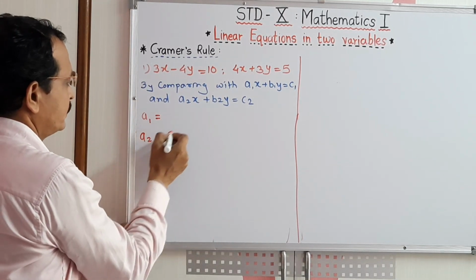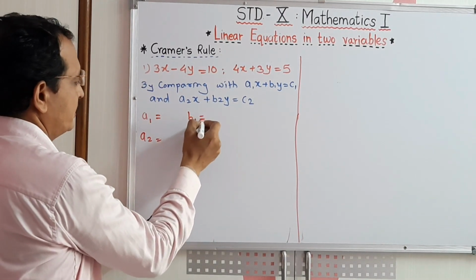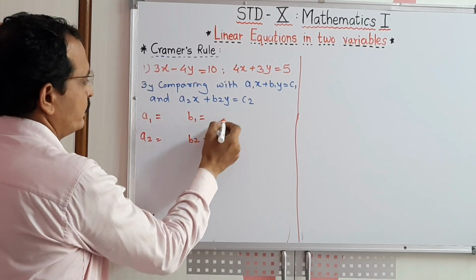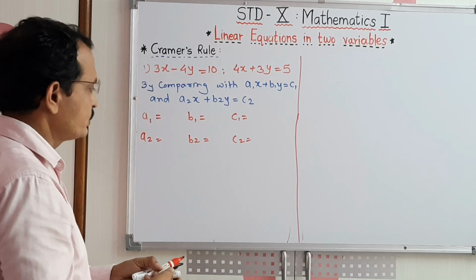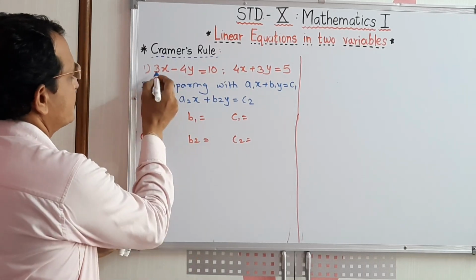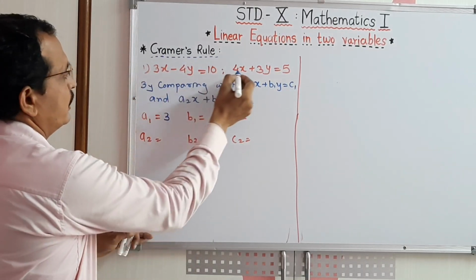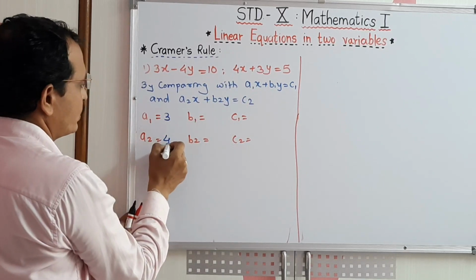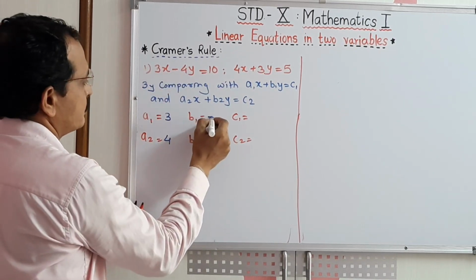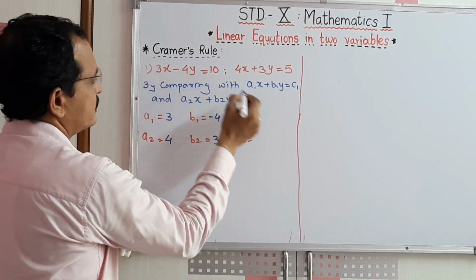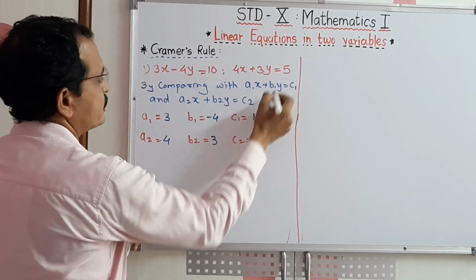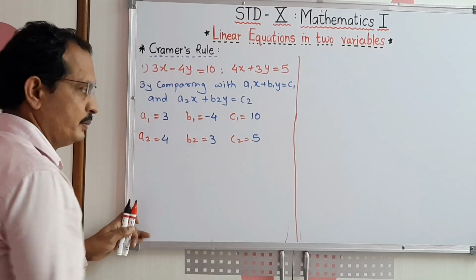Now see here, a1 is equal to 3, a2 is equal to 4, b1 is minus 4 and b2 is 3, c1 is 10 and c2 is 5.